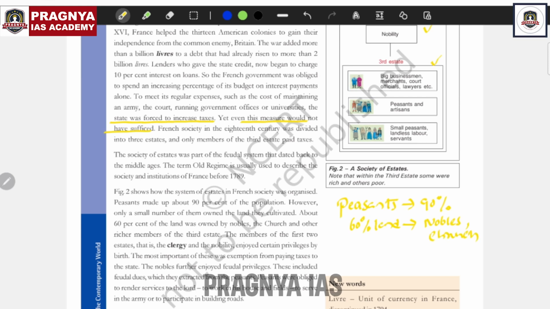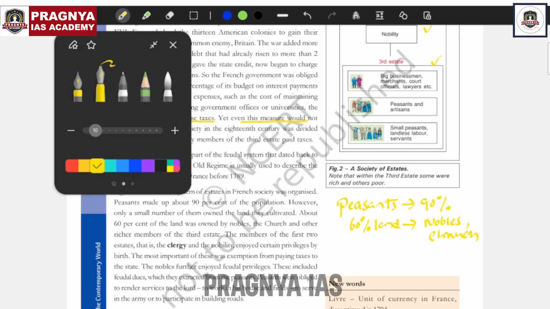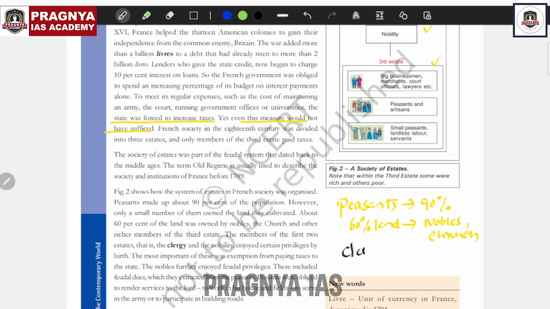How unequal it is, you just think. The church, clergy, and nobility had privileges by birth.